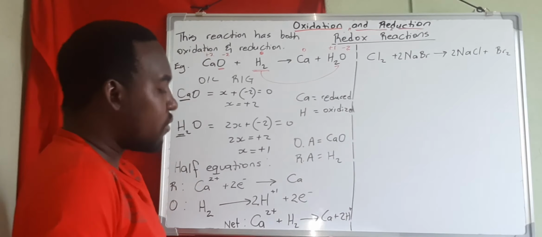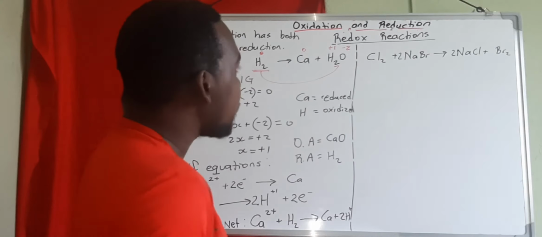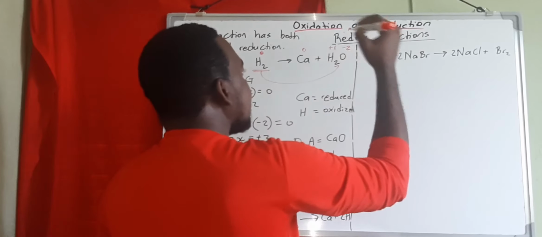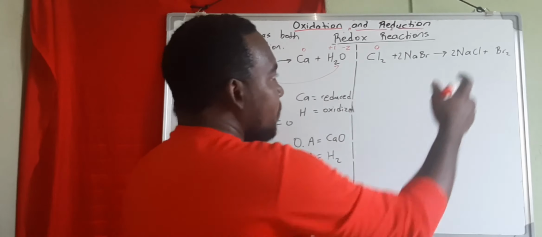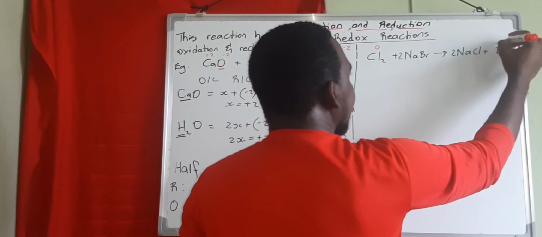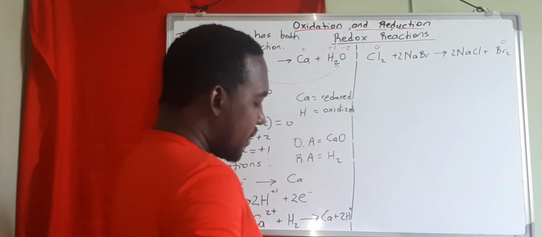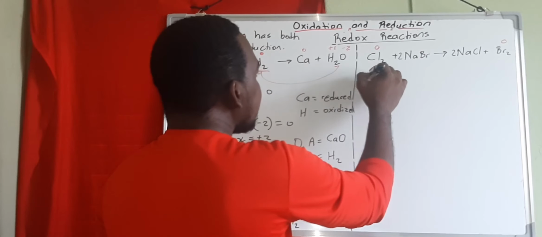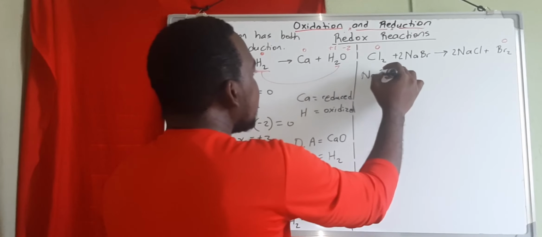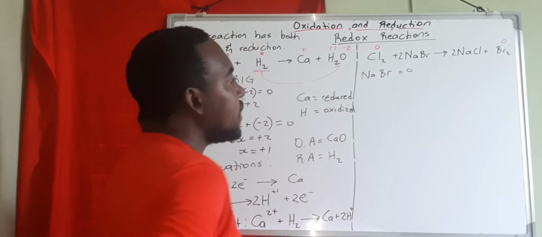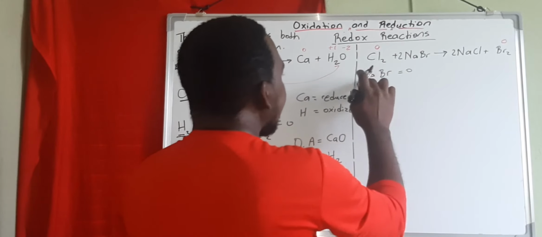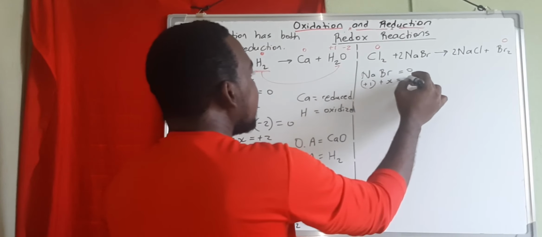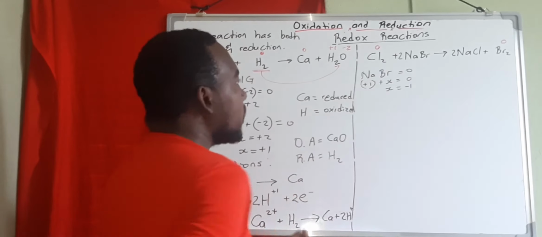So again, we will determine our oxidation numbers. We have chlorine here, it's a gas, so we know it is 0. And bromine here, 0 as well, so we don't have to worry about those. So let's go with sodium bromide. Both equal 0, so we know that sodium is in group 1, so it's +1, plus bromine equals 0, so bromine has a -1 charge.